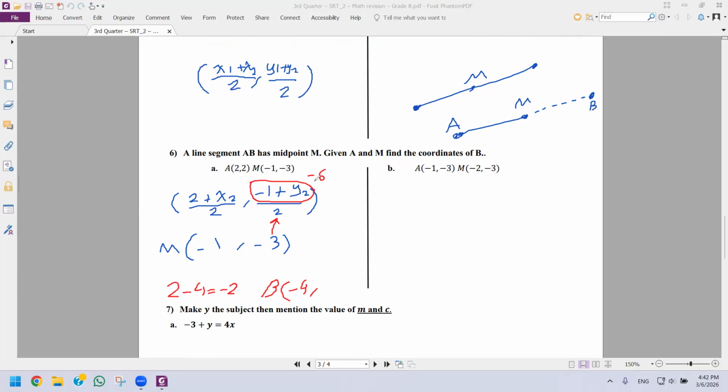So the result of the numerator should be minus 6. Now I already have minus 1. So what should y2 be to be minus 6? Y2 should be minus 5. Because minus 5 minus 1 will give me minus 6. So the y value of B is minus 5.